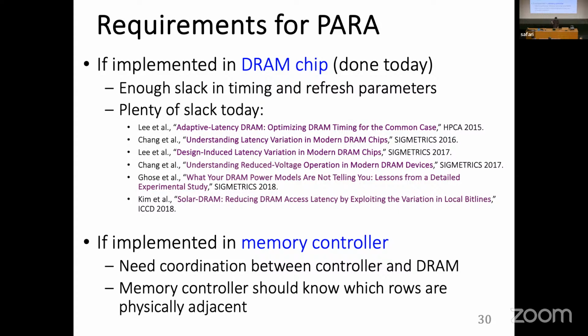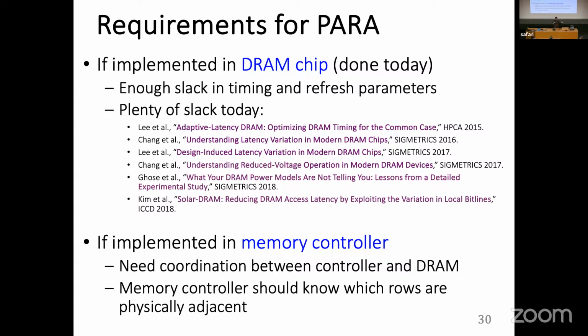And of course, a simpler way would be to implement this in the memory controller, which doesn't require changes to the DRAM chip, and the victim row refresh can just be implemented as regular activations to the victim rows. However, this needs coordination between the memory controller and the DRAM, especially the controller needs to know which rows are physically adjacent.